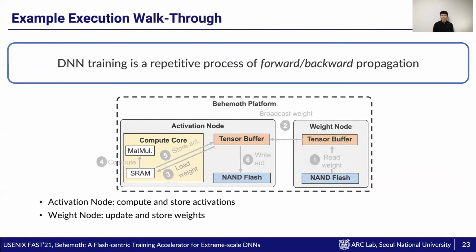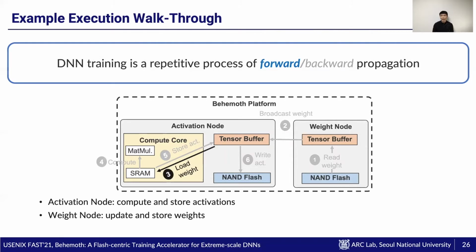Let's move on to what's happening inside Behemoth after receiving the command sequence from the host. DNN training is a repetitive process of forward and backward propagation. At the start of forward propagation, the weight node reads weight from NAND flash to its tensor buffer. Then the weights are broadcasted to the activation nodes.